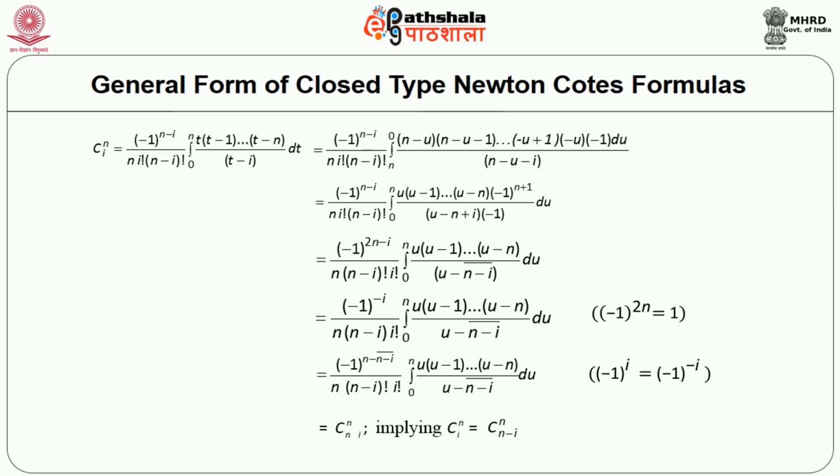So we get (-1)^(n-i) upon i factorial, n minus i factorial, integral 0 to n of u(u-1)...(u-n) du upon (u-(n-i)), and that is the expression for NC(n-i). So this gives us that NCI is NC(n-i), and the summation of NCI is 1. So these two properties will ease our calculations of the coefficients of the weights wi in our further work.